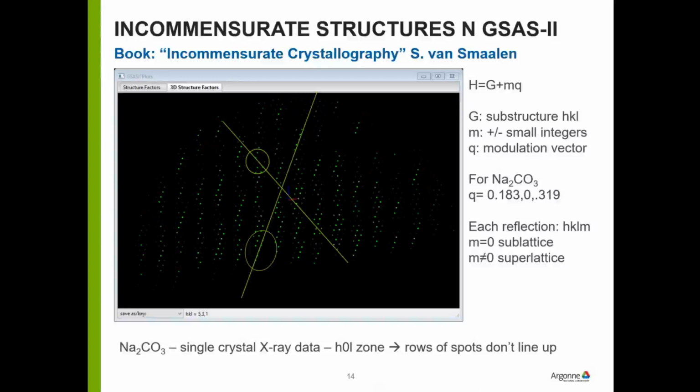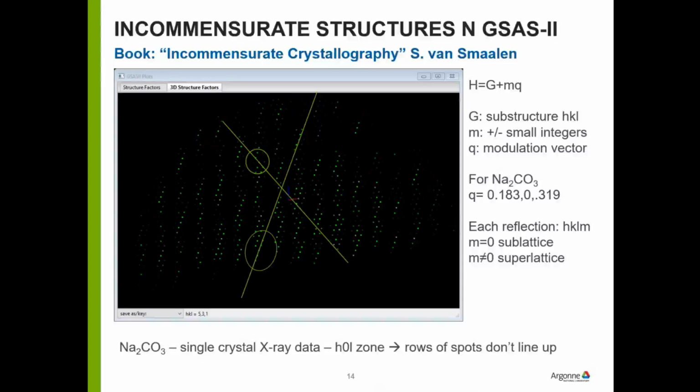This is a single crystal diffraction pattern of it. It's a slice on HOL. And you notice, if you look at it very carefully, those spots just don't line up. They come close, but they don't. And that's what makes it incommensurate.